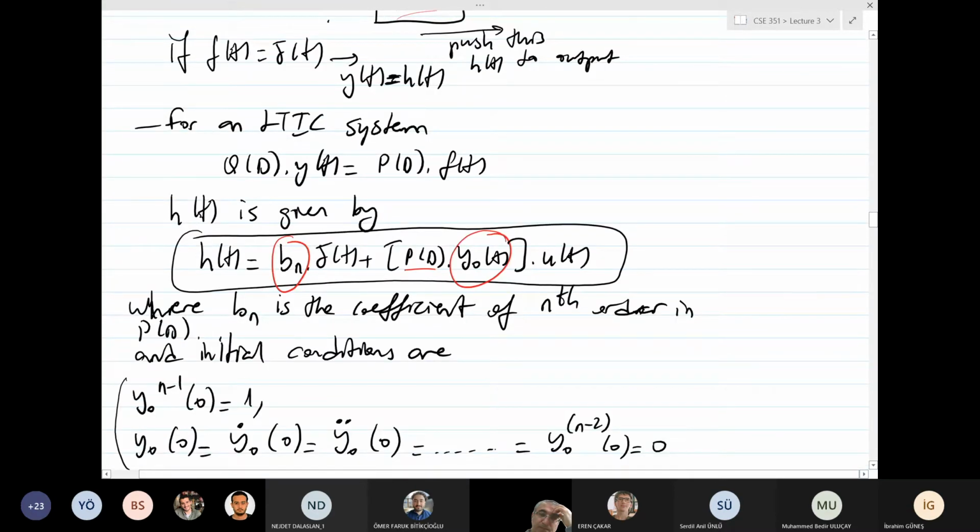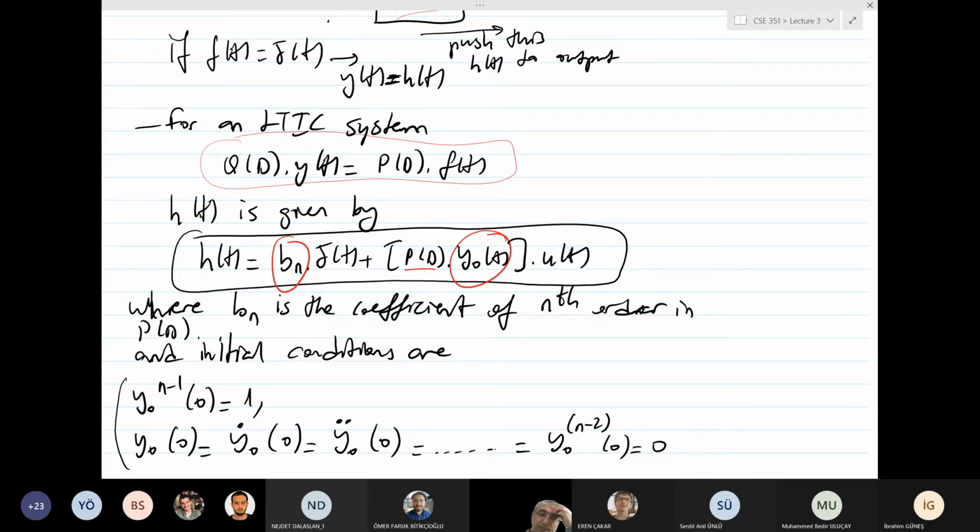So the question is how you are going to find this impulse response. For an LTIC system, remember that was the general linear differential equation. In this case, h of t, which is the impulse response, is given by this equation.